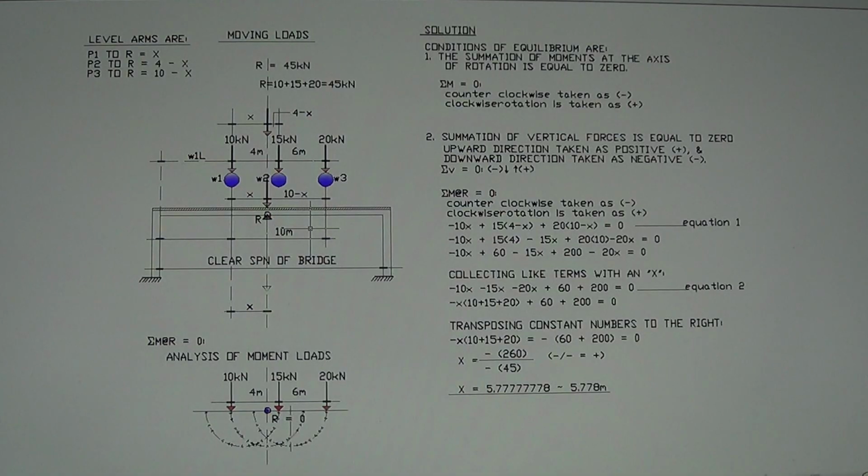So pay attention to the rotation of these loads here. When you take a moment at any point, the remaining loads will rotate around that axis of rotation. Alright, so this is now the solution of the moving loads with 3 wheels.